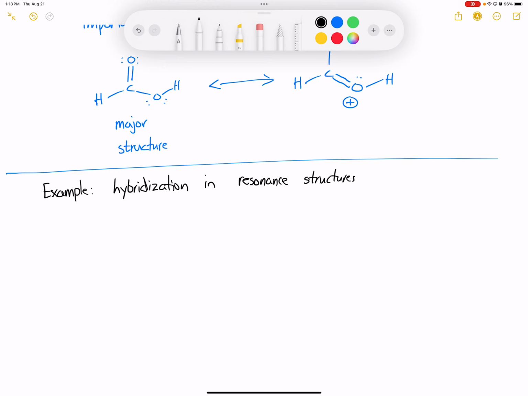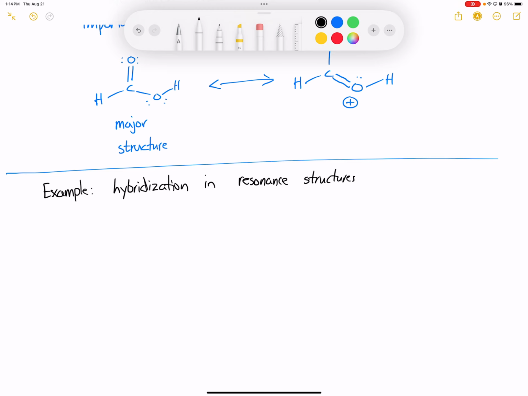If there are no double bonds, there are probably no resonance structures, so you just assign hybridization. But if there is an atom you're interested in, and there is the possibility to write a resonance structure, you have to write that first and compare the two. All right? So I'll explain what I mean.